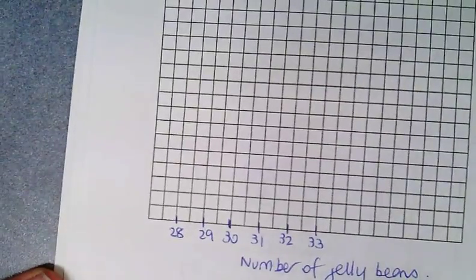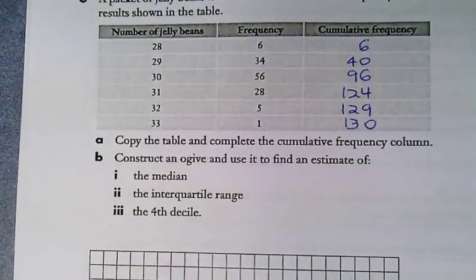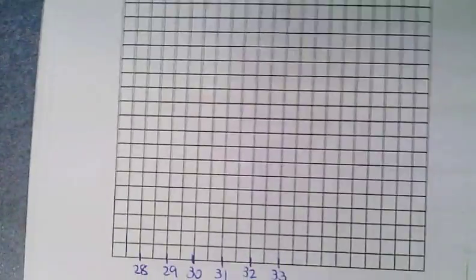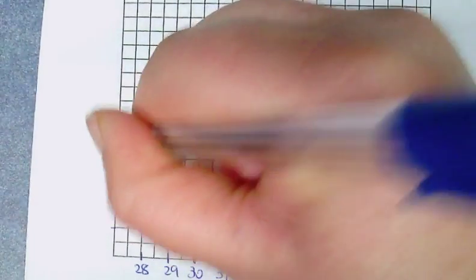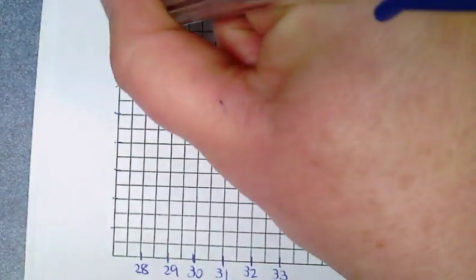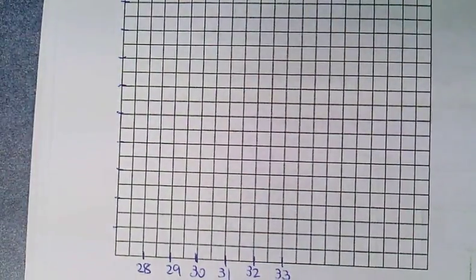Okay, so scores go along the bottom, and our cumulative frequency has to go up to 130. So we're going to have to see how we can go up to 130 here. We can go 10, 20, I think this will work, 30, 40, 50, 60, 70, 80, 90, going up by 10.